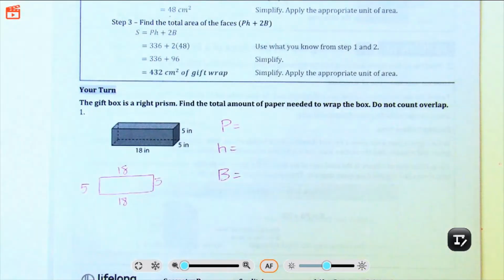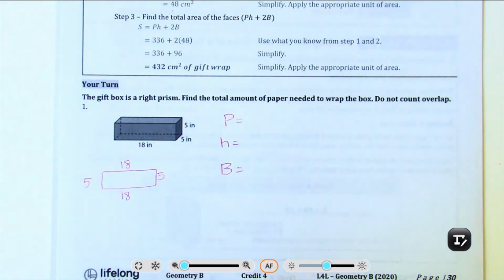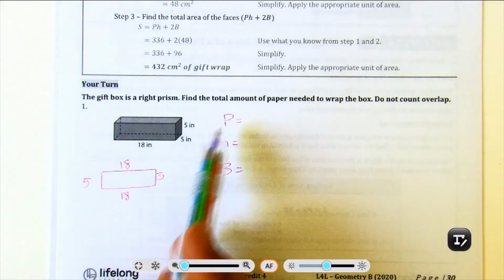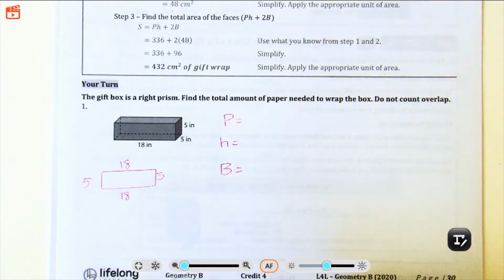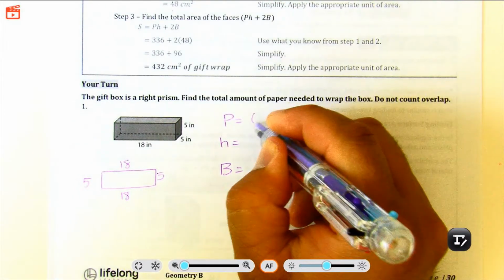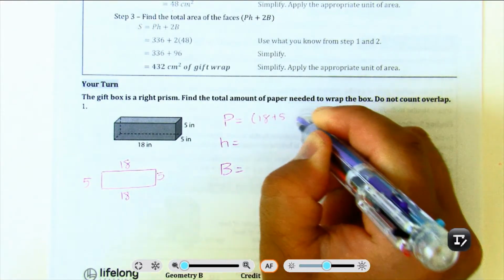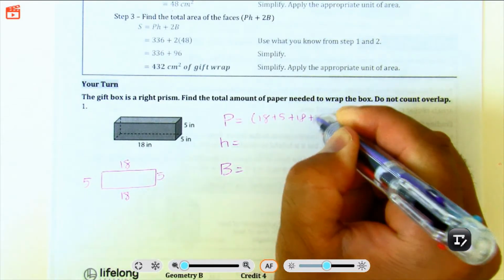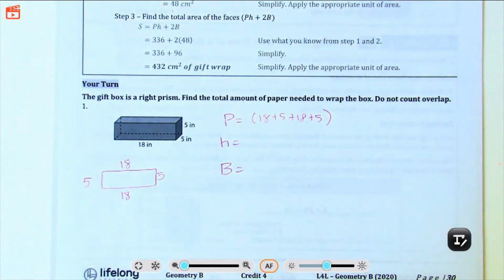To find the perimeter, we add up all of this. So we're going to have 18 plus 5 plus 18 plus 5. 18 plus 18 is 36. 36 plus 5 is 41. 41 plus 5 is 46.